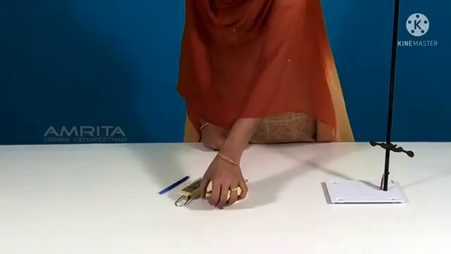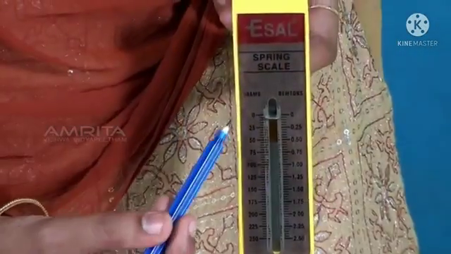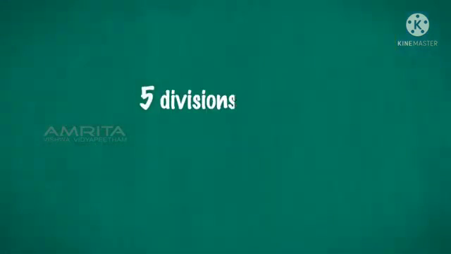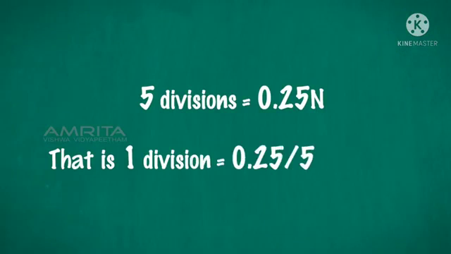Take 1 spring balance. Note the least count of the spring balance. 5 divisions is equal to 0.25 N. That is, 1 division is equal to 0.25 divided by 5, which is equal to 0.05 N.